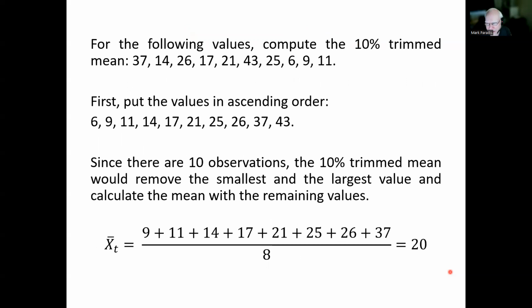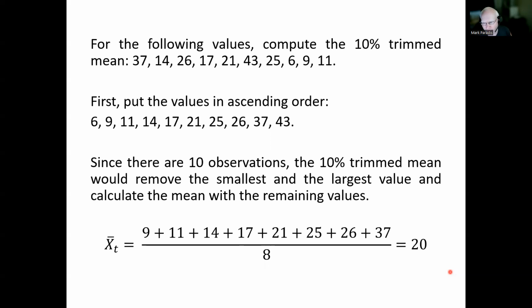So as an example, we'll work through the first one together. For the following values, calculate the 10% trimmed mean. So we've got 37, 14, 26, 17, 21, 43, 25, 6, 10, 11. So first, similar to a median, we have to put them in order from smallest to largest. Because remember, we're getting rid of some of the smallest values and some of the largest values. And so to be able to do that, we have to put them in order.